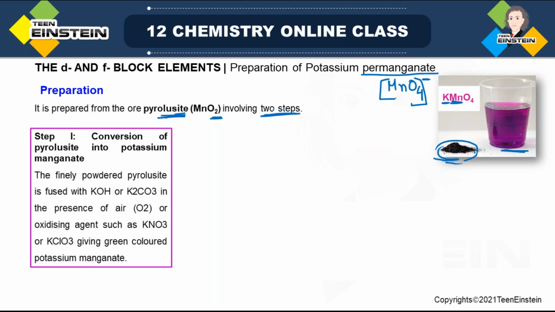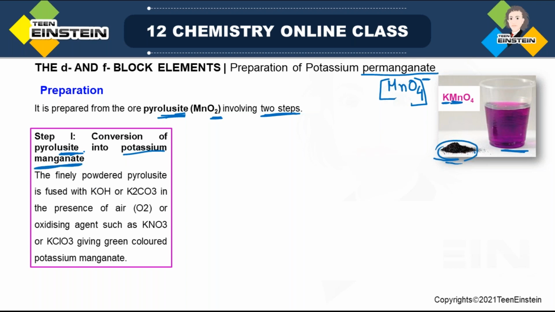Step 1 is the conversion of pyrolusite into potassium manganate. See, potassium manganate is not permanganate. When it is permanganate, the formula is KMnO4. But when we say potassium manganate, there is no per.